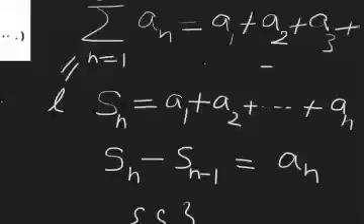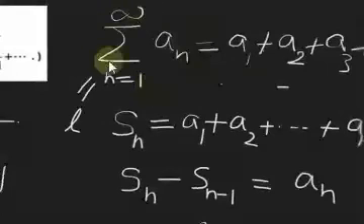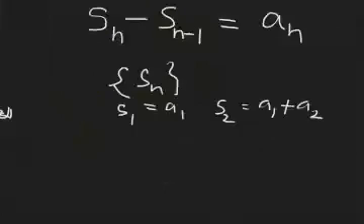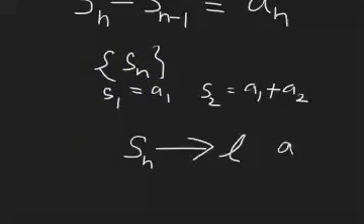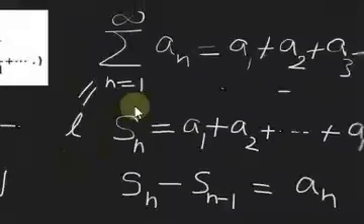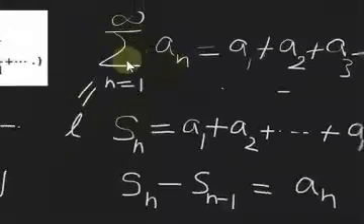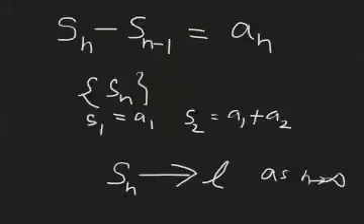If this series is convergent to this number, this sequence of partial sums goes to that limit, the same limit as n tends to infinity. This limit L is the value of this infinite series, right? So look at this.